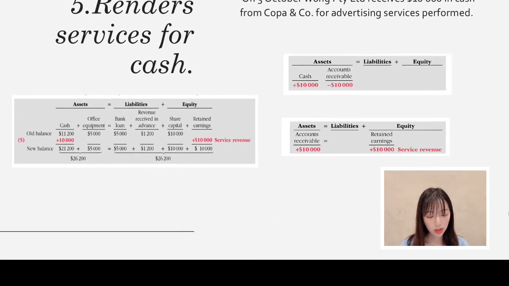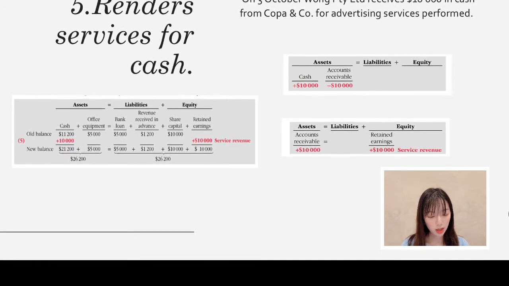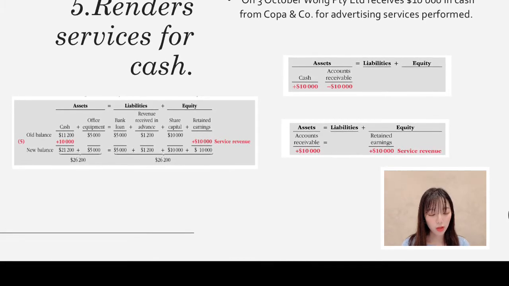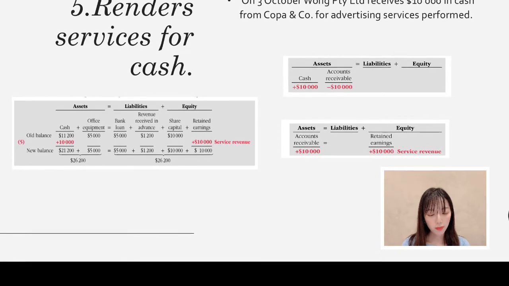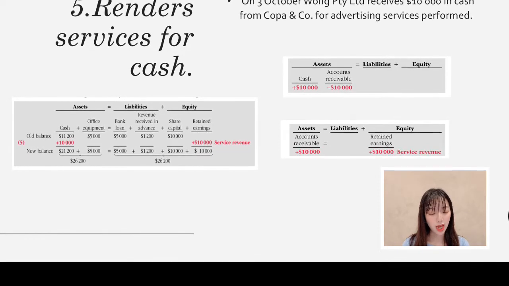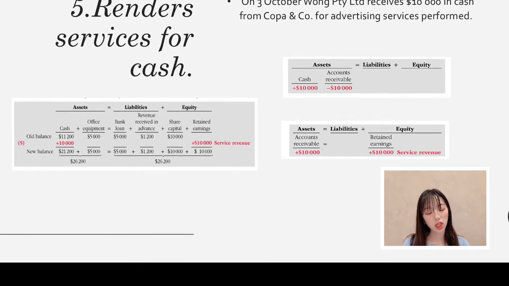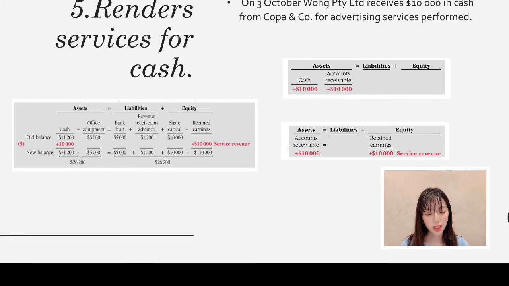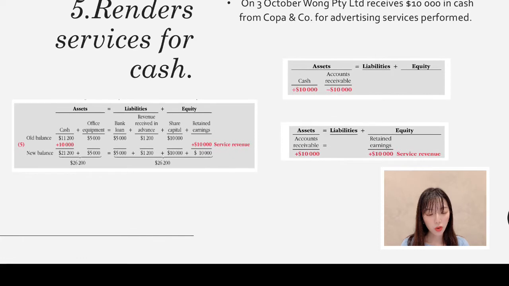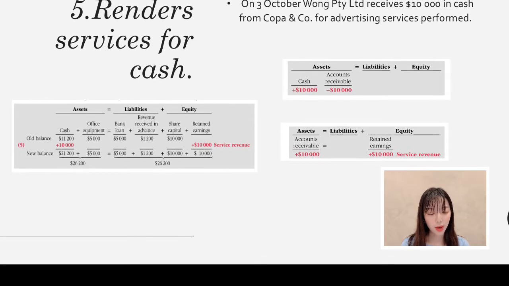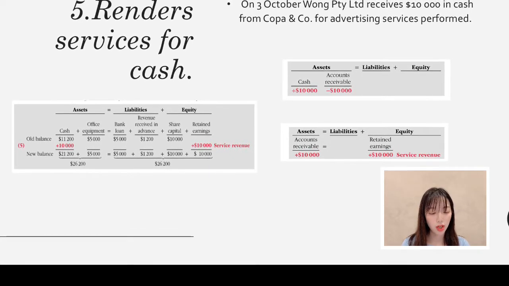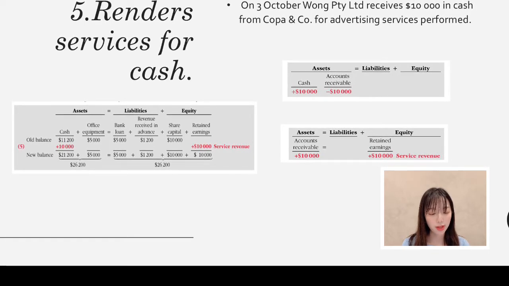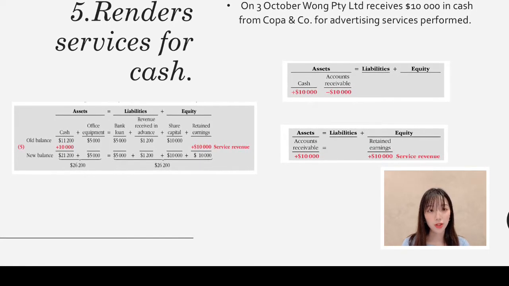Later, when the 10,000 is collected from the customer, accounts receivable would decrease by 10,000 and cash would increase by 10,000. Note that in this case, equity is not affected by the collection of cash. Instead, we record an exchange of one asset for a different asset.